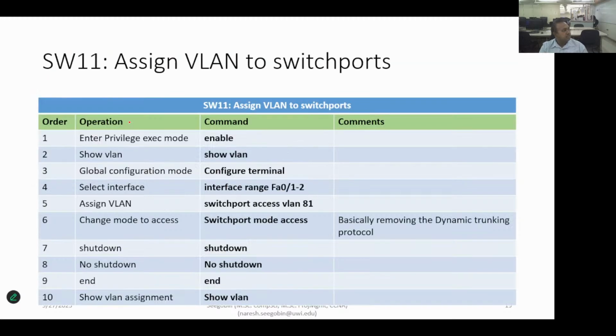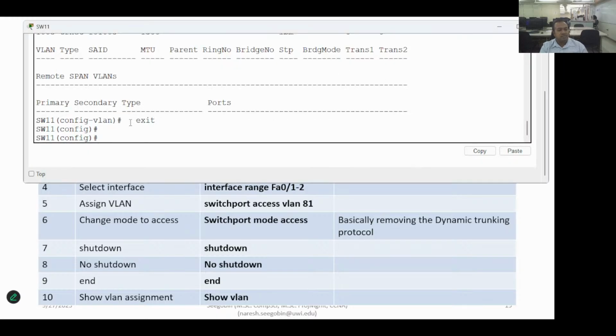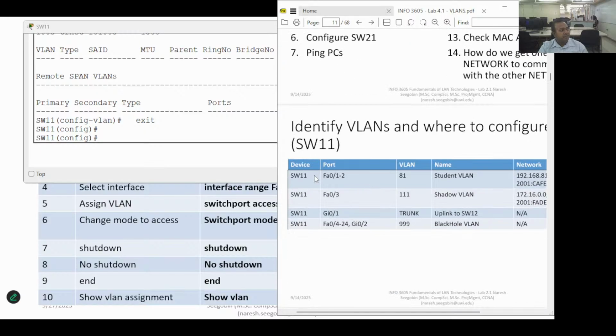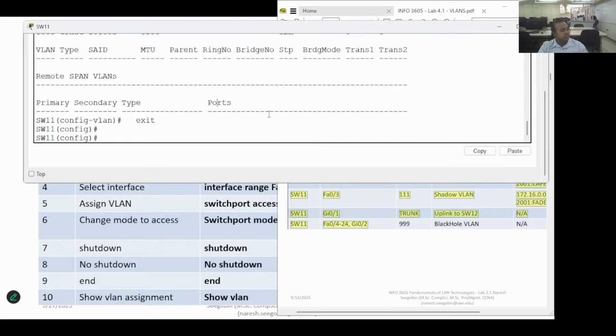Right, exit. Now, assign VLANs to switch ports. Of course, we want to know how we're going to do this. As an engineer who knows what to do, you're given the document here, and I can use this document and make my changes.